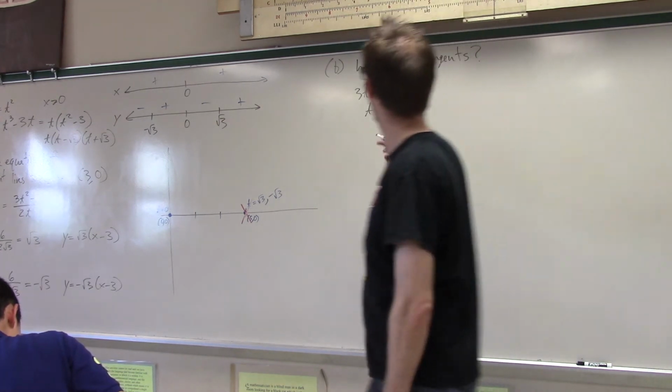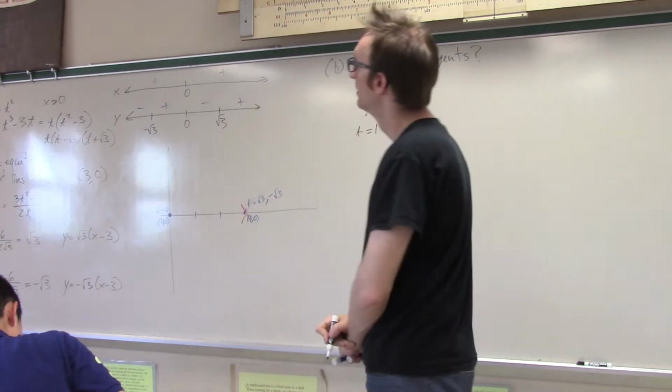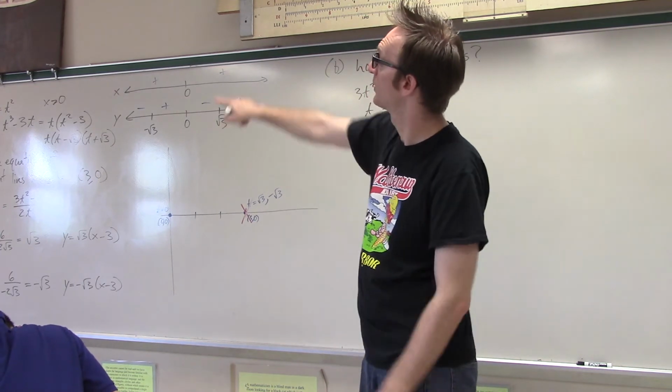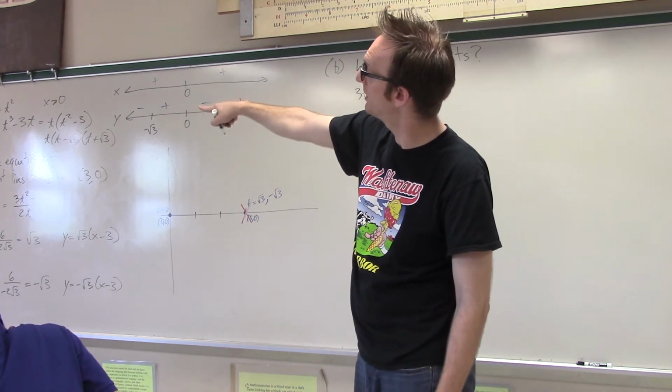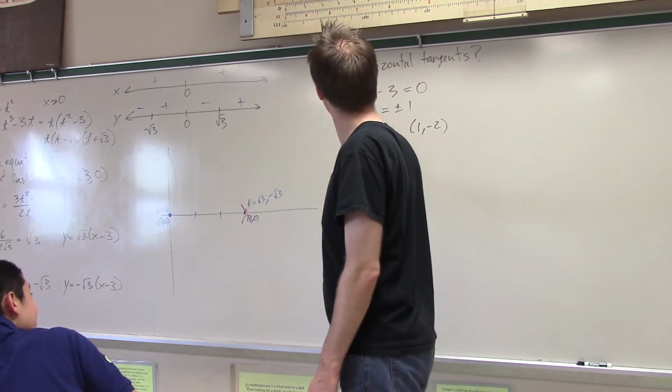Okay, so where am I at t equals 1? 1 comma negative 2. And where am I at t equals negative 1?